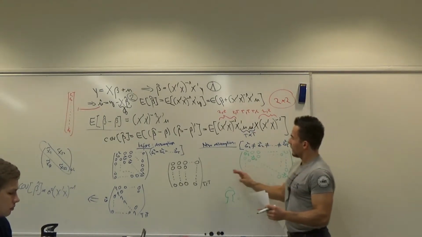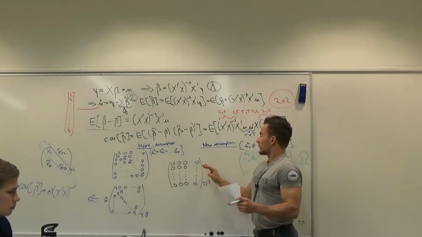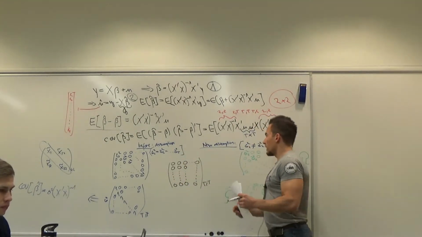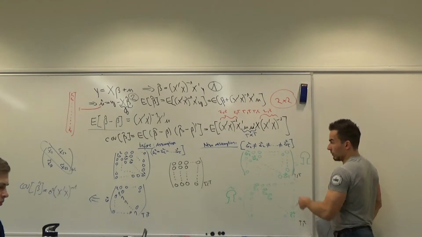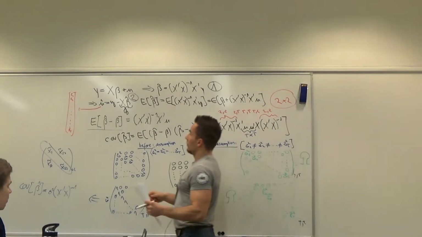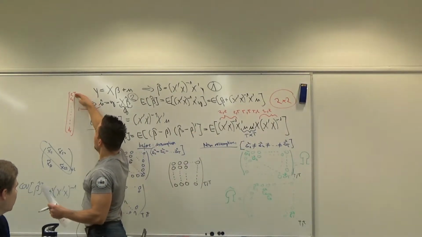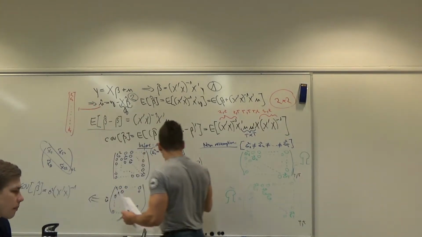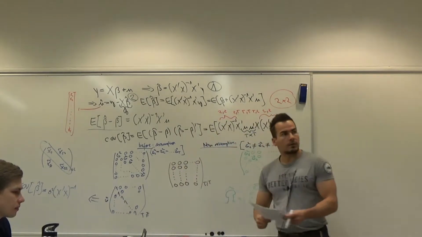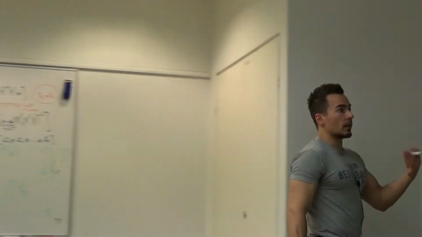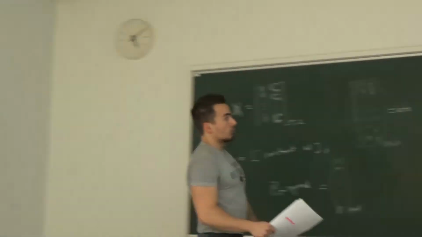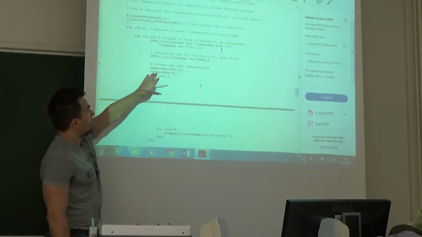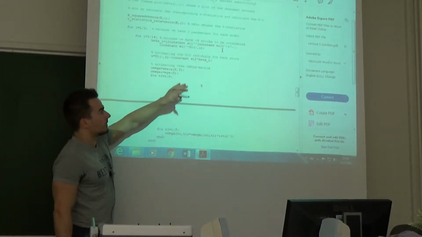So first we construct a matrix of zeros, and then we want to put in something here. And what do we put in here? I told you already. We take the estimated elements of our residual vector, square each element itself, and put it on the main diagonal. This is what happens here in the code. So first, we created omega zeros T by T.